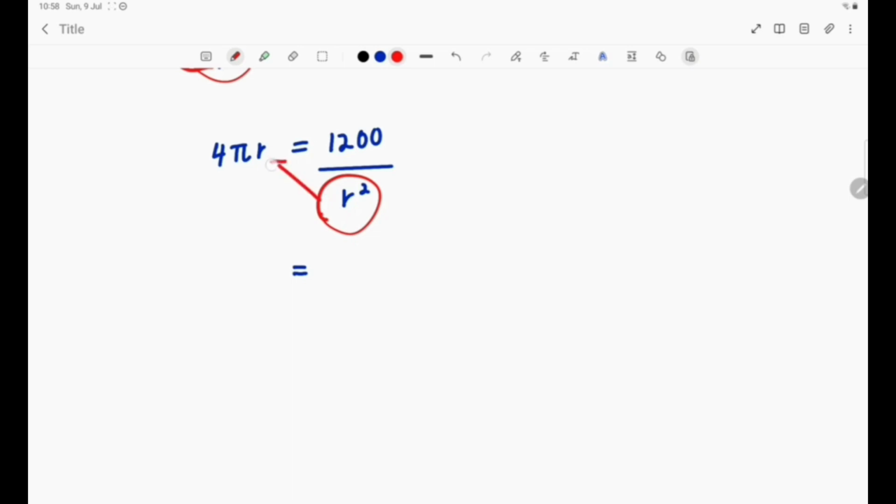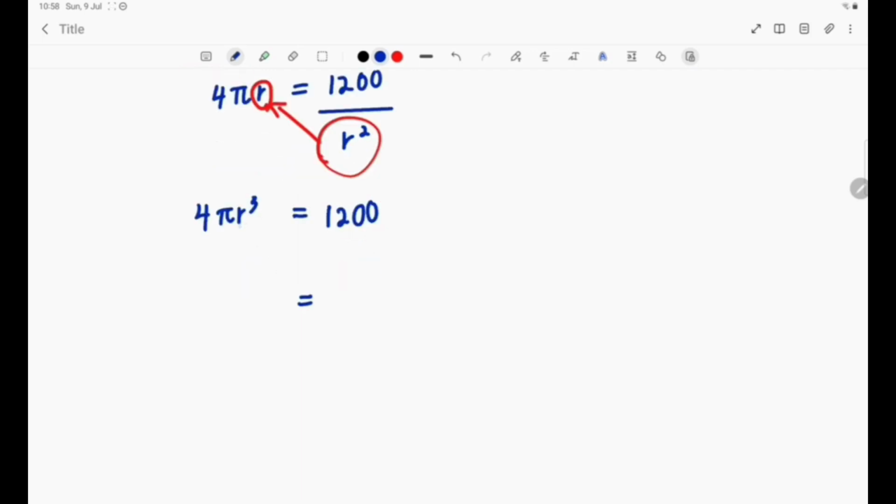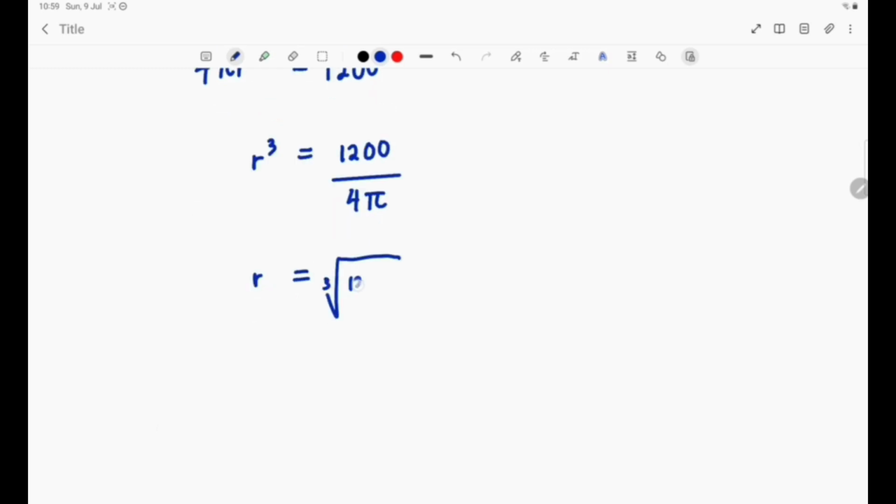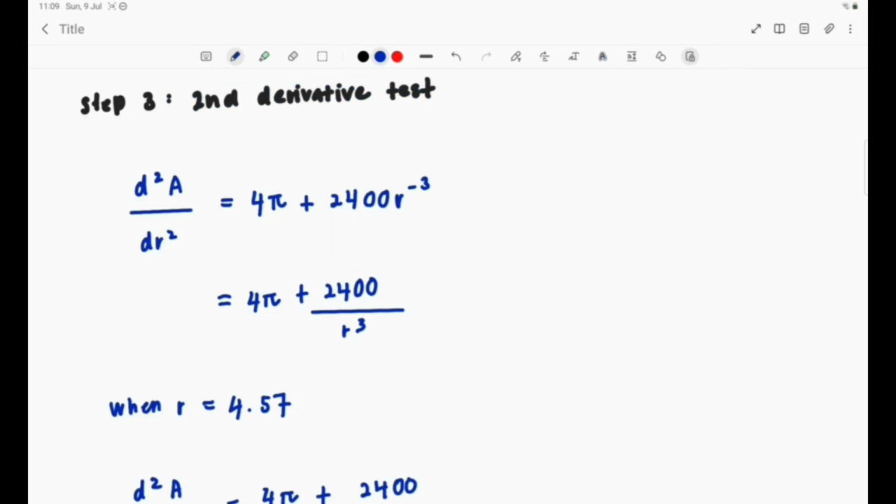This r will multiply with this r, becoming 4 pi r cubed equals 1200. The next step, we leave r cubed on the left side. r cubed equals 1200 over 4 pi. So r equals the cube root of 1200 over 4 pi. The answer is 4.57 cm.